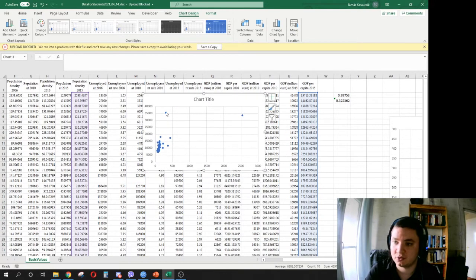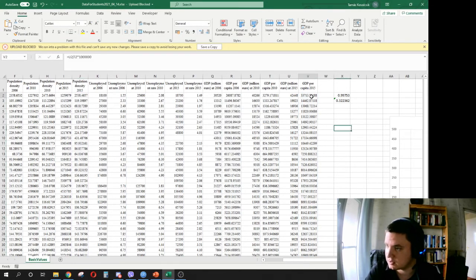And we have two outliers, at 30,000 and 35,000 with GDP. So delete these.